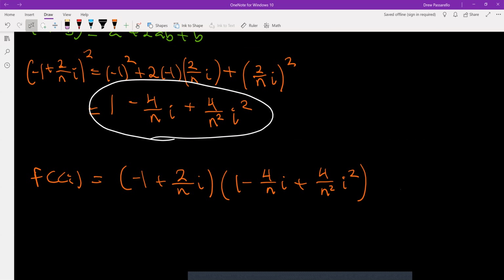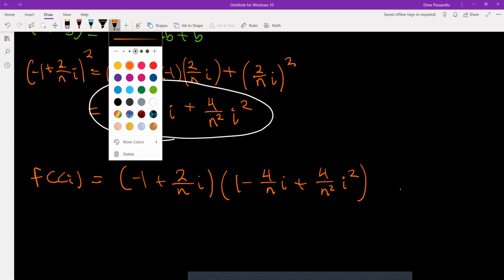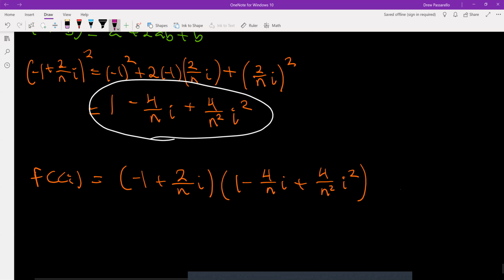All right, so I'm going to use distribution, and I'll try to use different colors. So first I distribute -1. So that's going to give me -1 times 1 is -1.